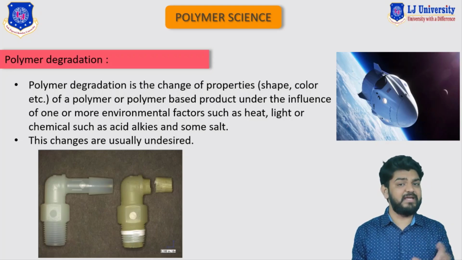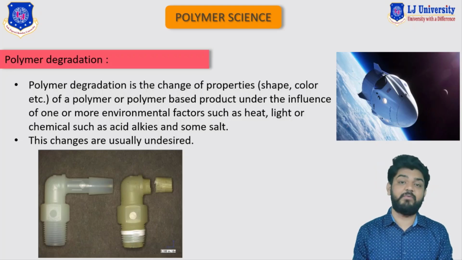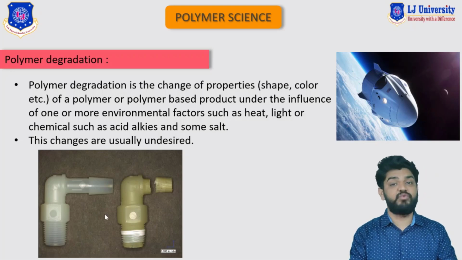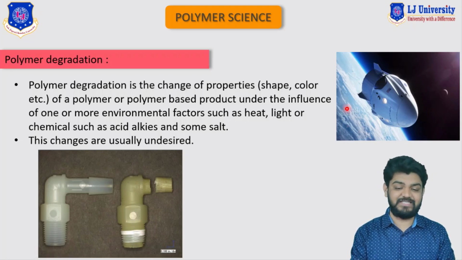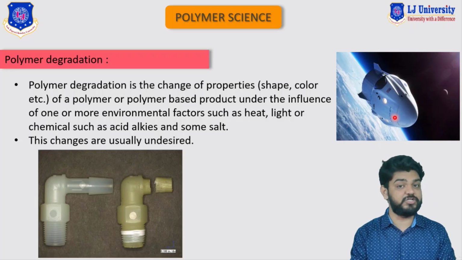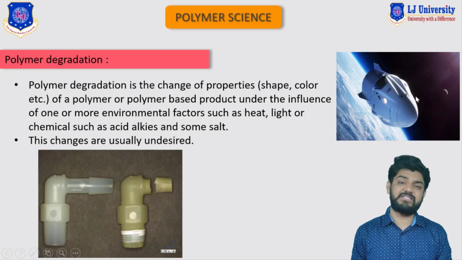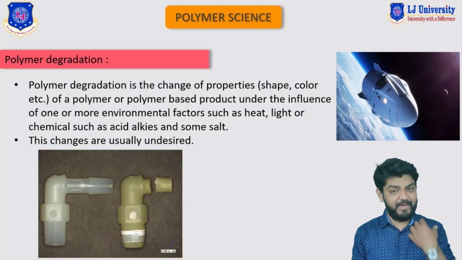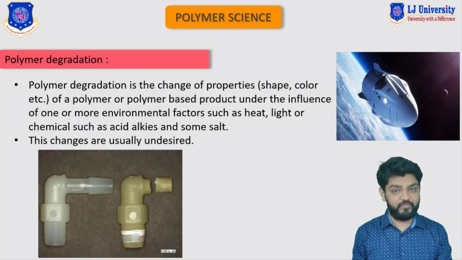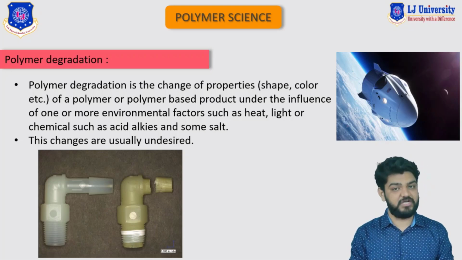But polymer degradation is not only a disadvantage, it can also offer some advantages. Such polymers are used on the outer periphery of space shuttles. You can see here that the outer part of this particular space shuttle is made from polymer. When space shuttles come back into the Earth atmosphere, they face a huge amount of heat, and that heat can easily burn out the space shuttle.